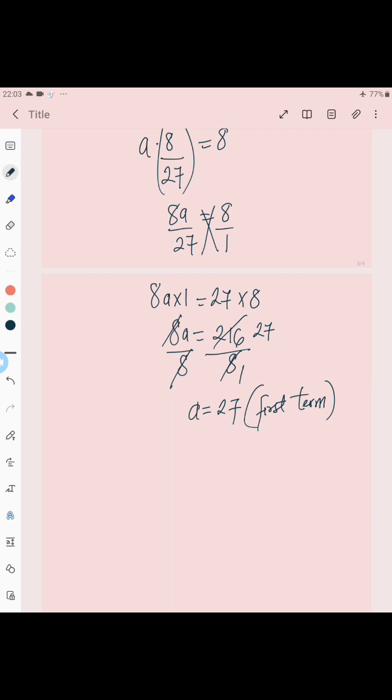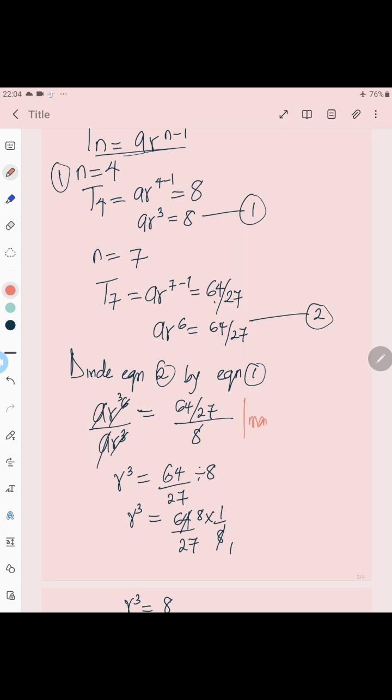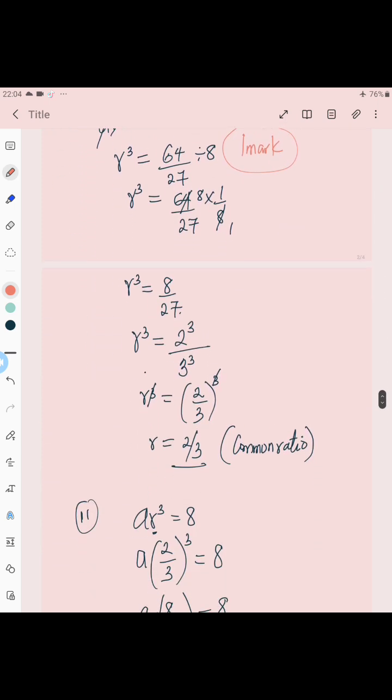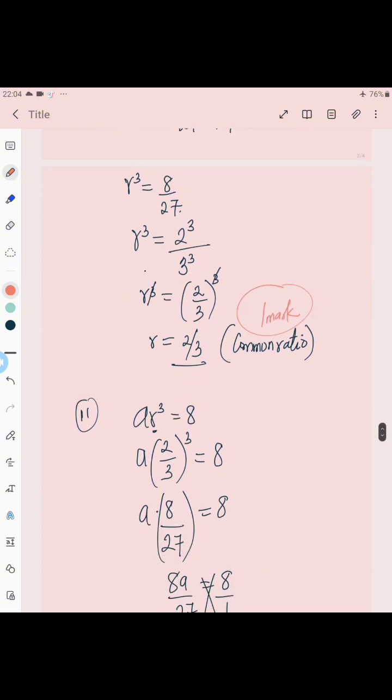Just as I've promised from the beginning, now let's look at the marking scheme from the examination body. At this point here, we're going to have 1 mark for getting the equation. Solving, that's the next step here, gives us another 1 mark. Now we have 2 marks in total. When we get the value for r as 2 over 3, that gives us another 1 mark. When we substitute for r to be 2 over 3 in the second question here, we have 1 mark for substituting.